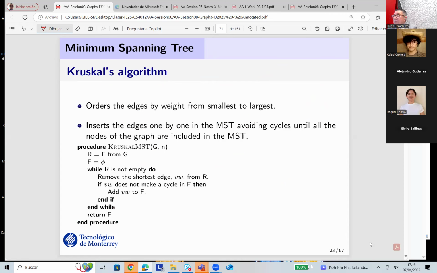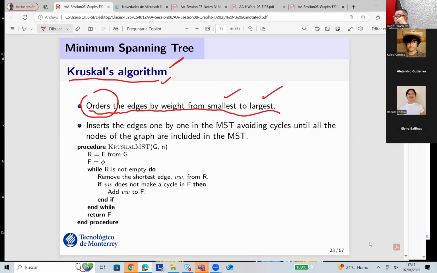So there's this algorithm for finding the minimum spanning tree, right? And you will understand. It orders the edges by weight from smallest to largest. So you choose all the edges and order all the edges from minimum to maximum weight, right?